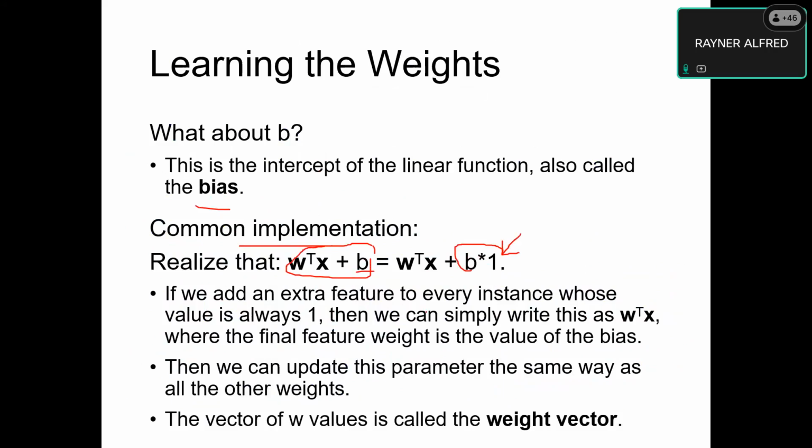If we add an extra feature to every instance whose value is always 1, then we can simplify them by writing this. Then we can update the parameter the same way as all the other weights. So the weight for this would be 1.